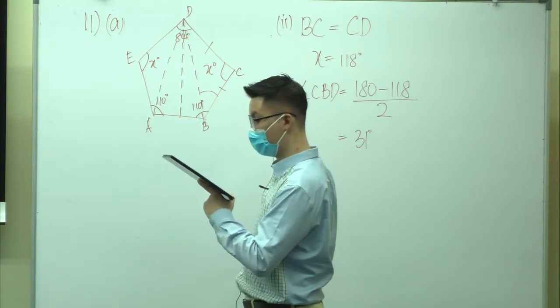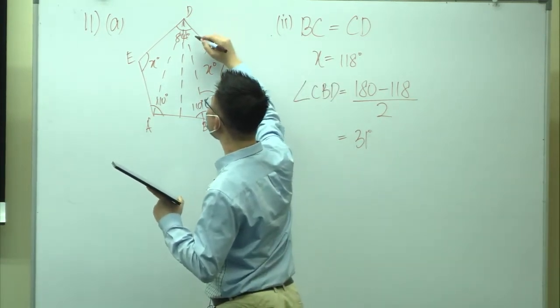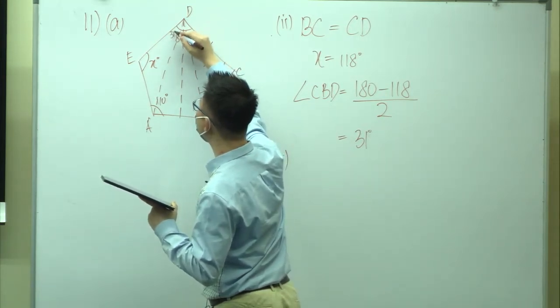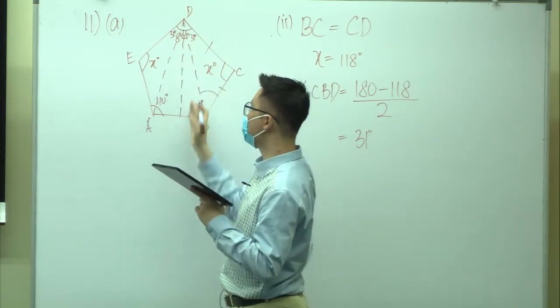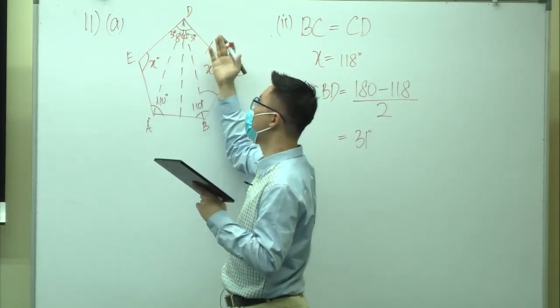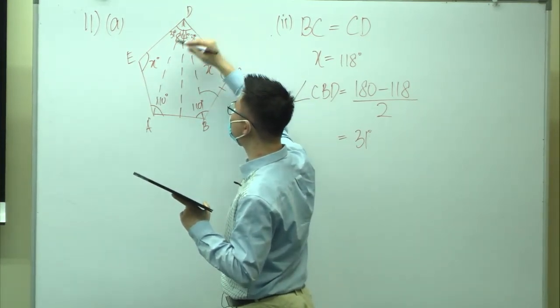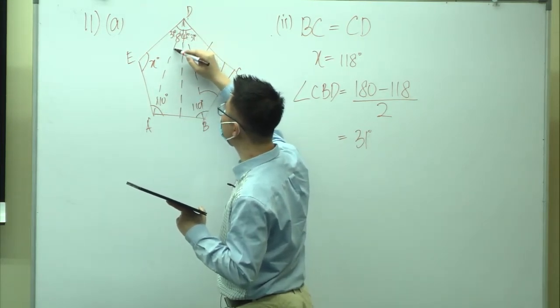Now you already got this is 31. Here also 31, because of the line of symmetry, the left part and the right part are the same. Since angle CDB is 31 degrees, EDA is also 31. Now you only have this one left.